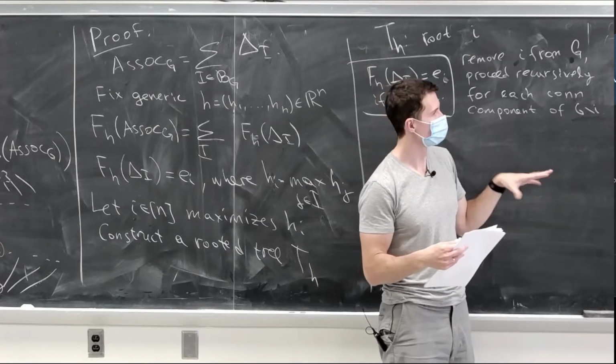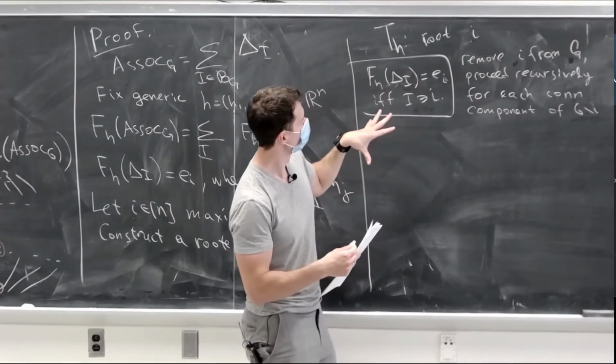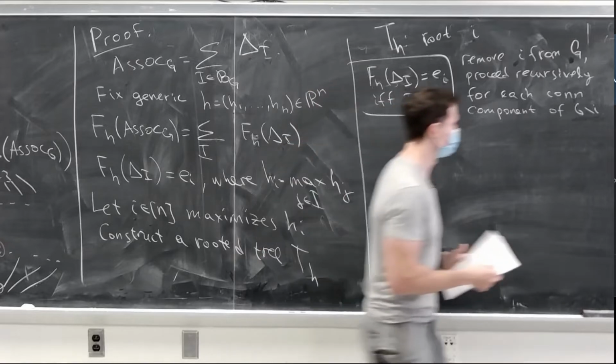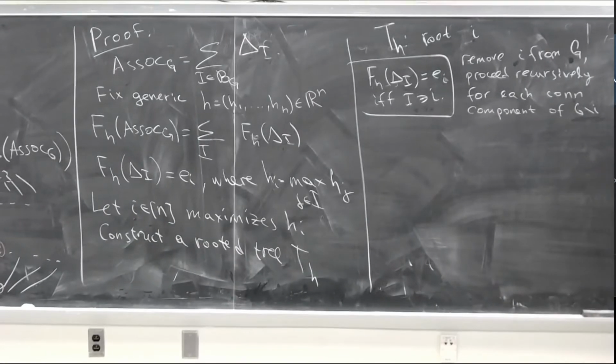And the problem is sort of recursive, right? If your G looks like this, I know i is maximal, then I remove it, and I get two connected components. So I need to pick a maximum here and a maximum here, which are both going to be less than i, but I don't really care how they compare against each other.